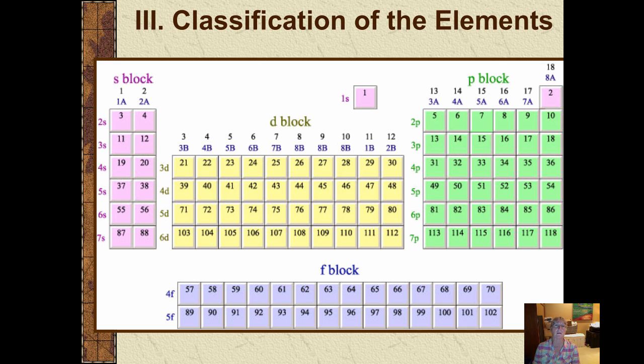It's no coincidence, even though the periodic table was originally devised in the 1800s, that the blocks correspond to the maximum number of electrons that can be held in s, p, d, or f orbitals. And you learned that to be 2, 6, 10, and 14, respectively.